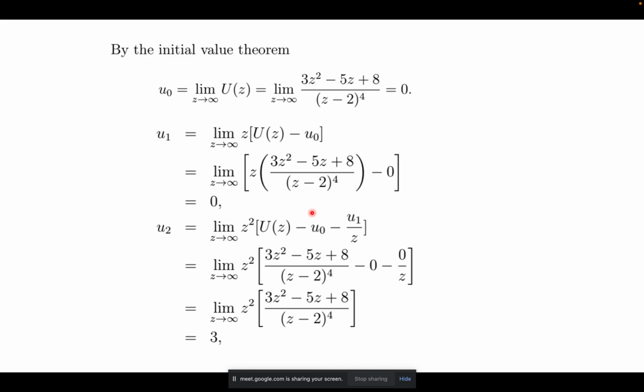Again, the denominator has more power of z compared to the numerator, so when you take the limit of z approaching infinity, this will again go to 0. So you get the value of u1 equal to 0. So using the initial value theorem, you get both u0 as well as u1 equal to 0.